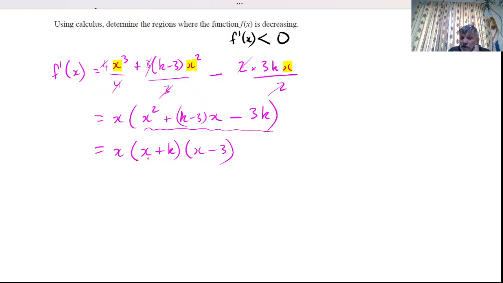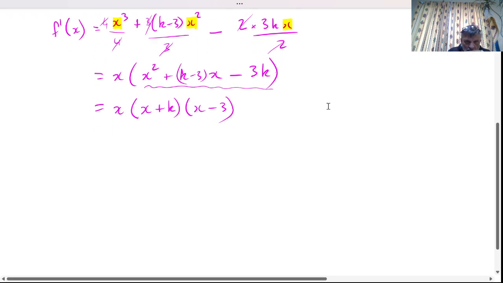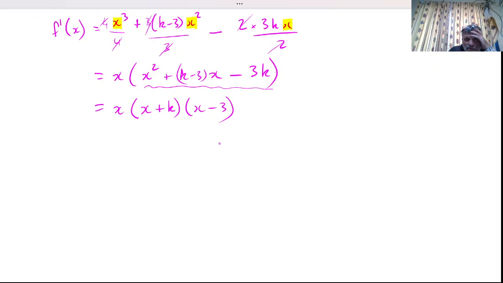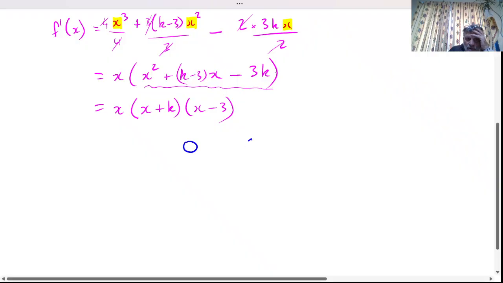And we want to know when this is positive or negative, or specifically when it's negative. So what we can do is make up a table of values. Let's do it in a different color. 0, 3, negative k.